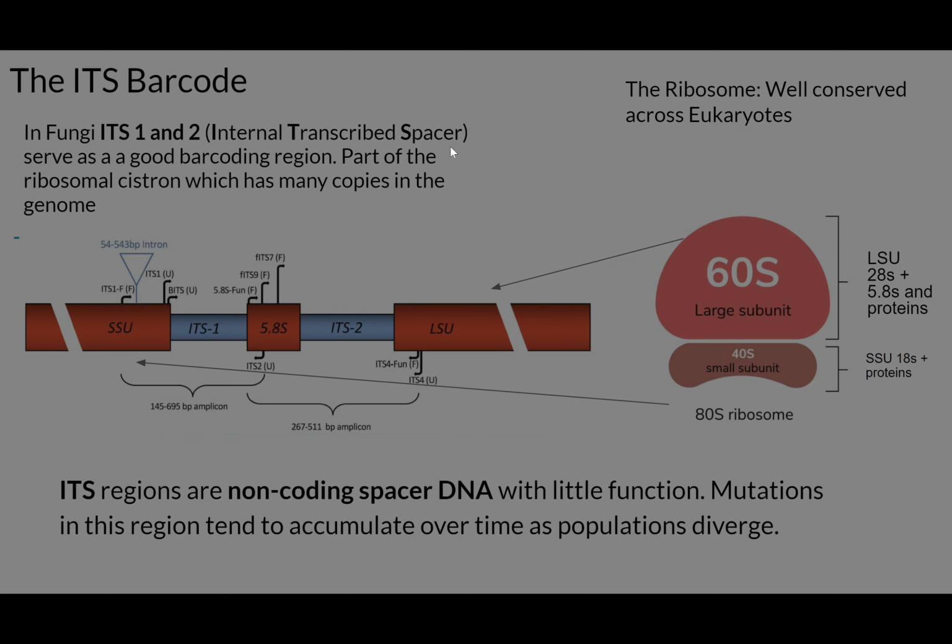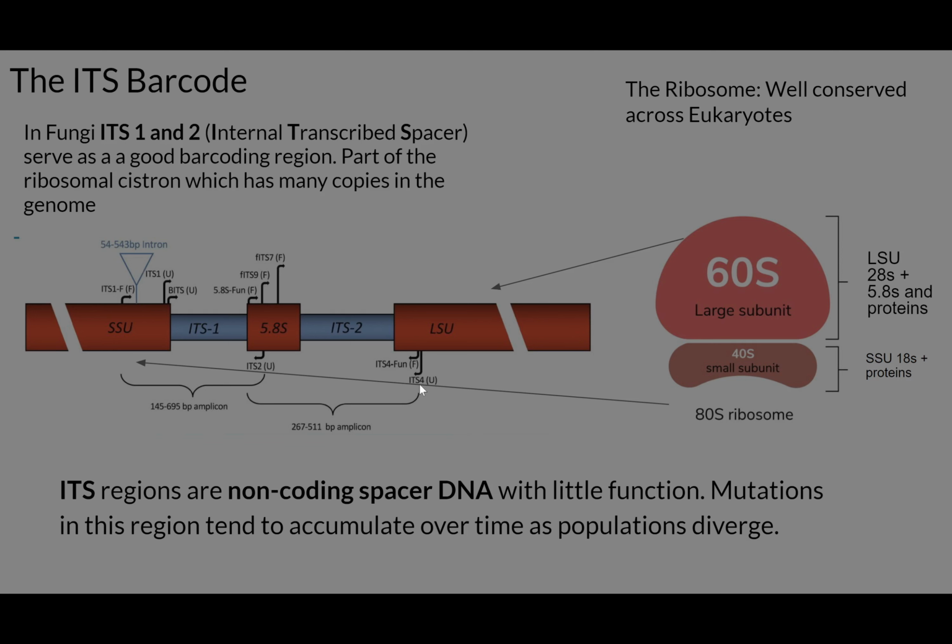The red components here, the parts of the ribosome, are extremely well conserved in eukaryotes. And so we target this region because you can create a primer sequence that works for large categories of eukaryotes, or you can make them a little bit more specific. So for our ITS sequencing, we use a forward primer called ITS1F, and the F stands for fungal specific. It amplifies most fungi.